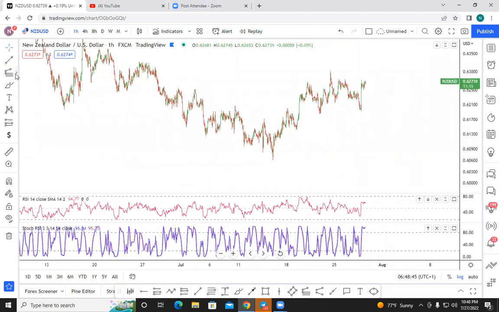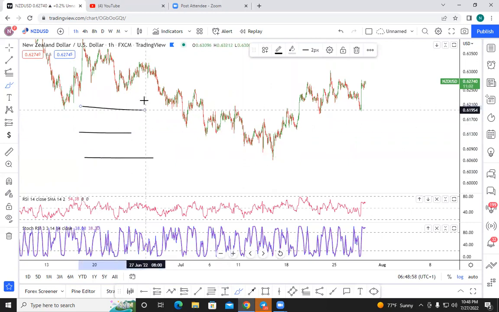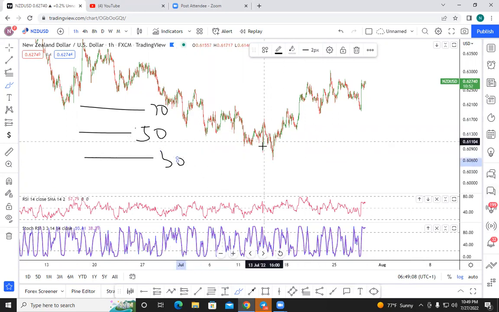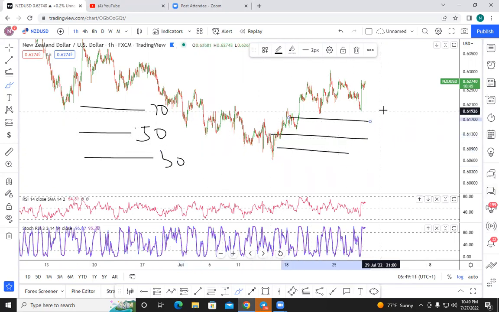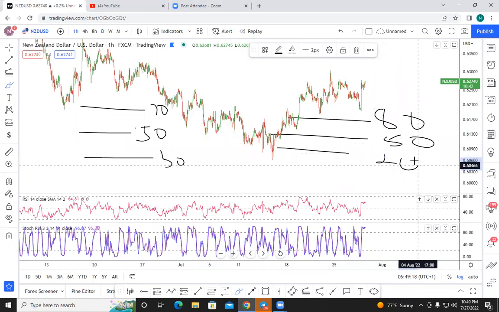Of course, RSI has levels. I have three levels on my RSI. Some people have 70, 50, and 30. But on my own setting, I have 80, 50, and 20.